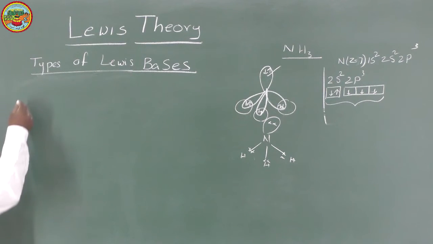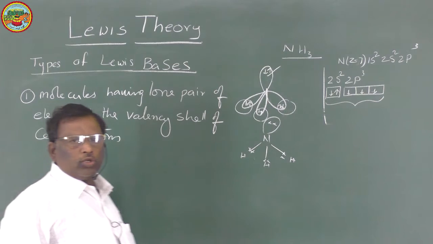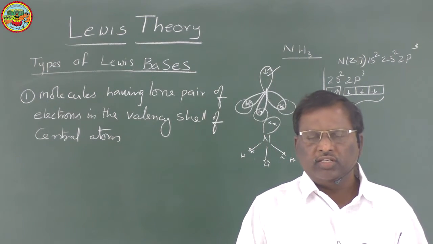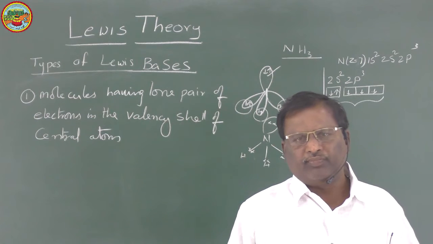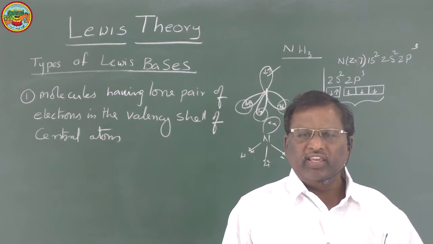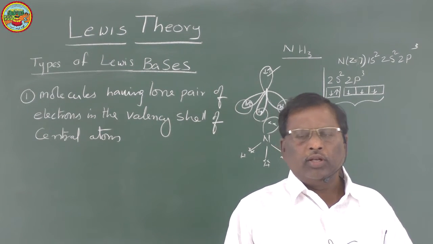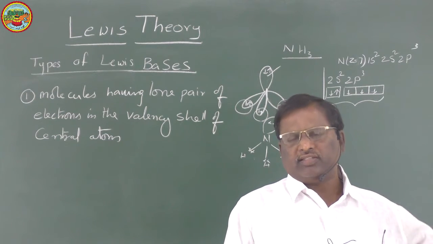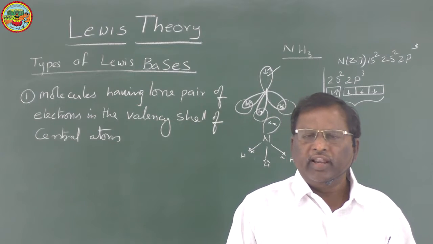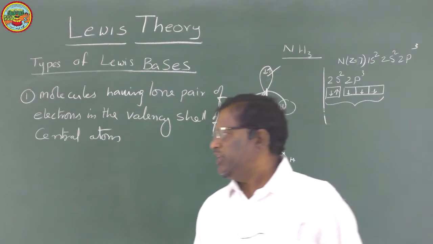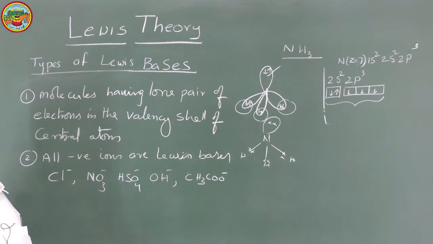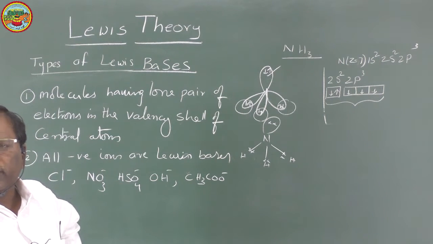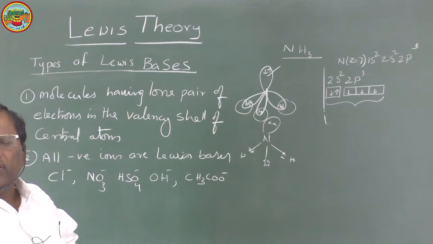First type: molecules which have a lone pair of electrons in the valence shell of their central atom can be considered Lewis bases. Now, the second category of Lewis bases is all negative ions. All negative ions means any species which has a negative charge on it is considered a negative ion.